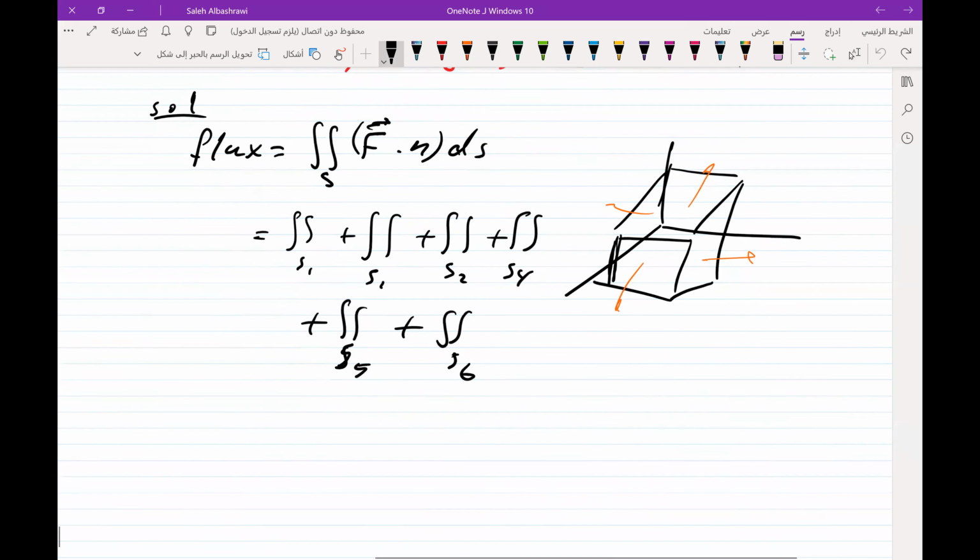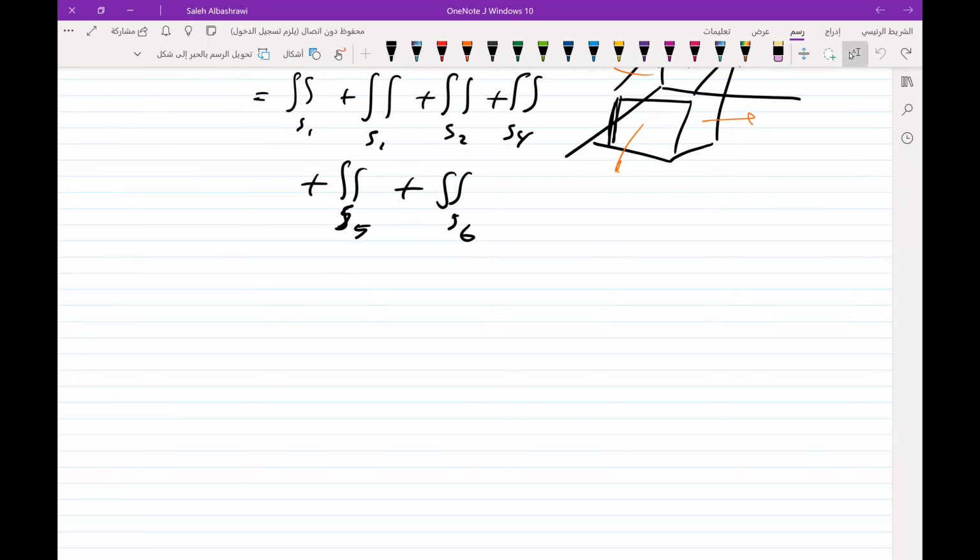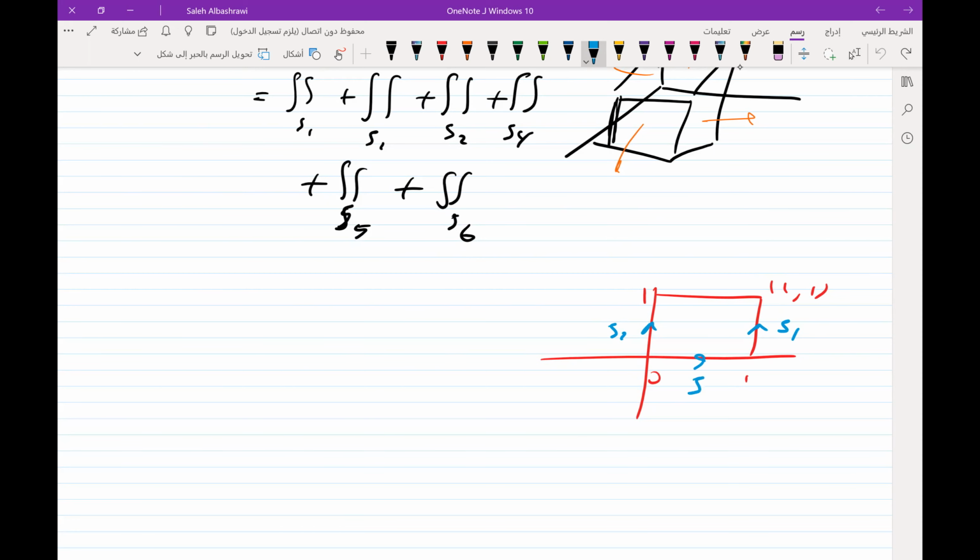To make this clear, let's think about the two-dimensional case, the unit square with corners 0, 1 and 1, 1. Let me call the sides S1, S2, S3, and S4.